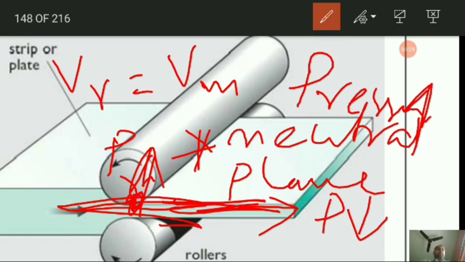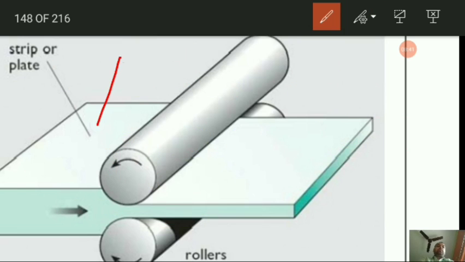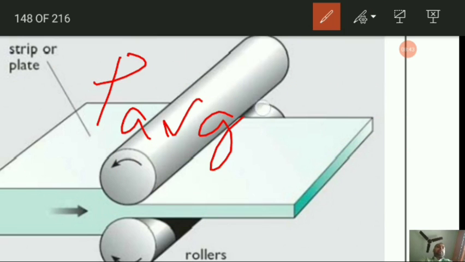the exit. So the roll separating force, which separates the two rolls apart, can be obtained by multiplying the average roll pressure. So you have to take the average roll pressure, P average, because we have maximum and minimum values, so we have to obtain the average value of the pressure, which is a function of contact length.